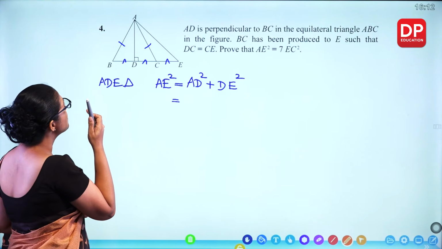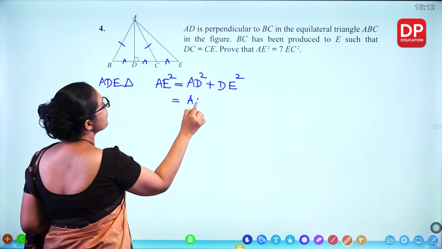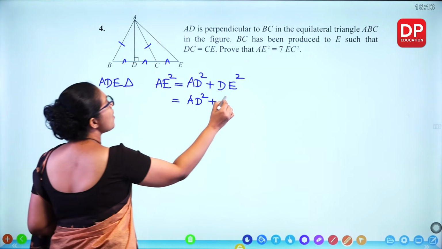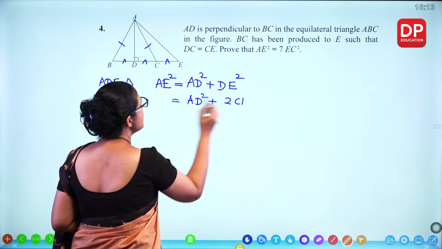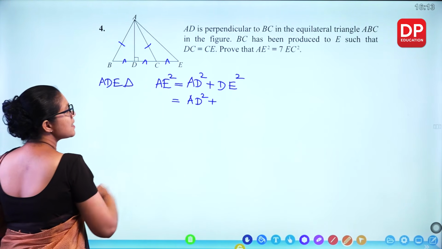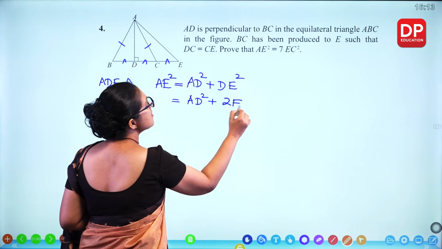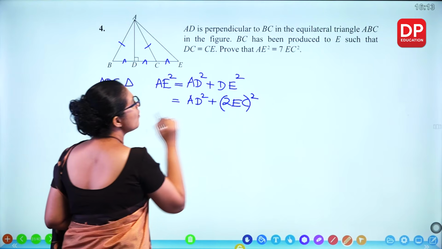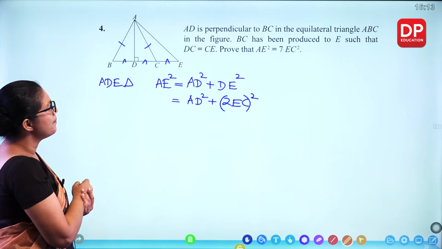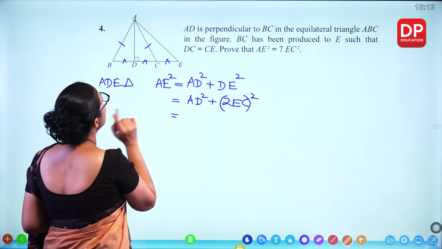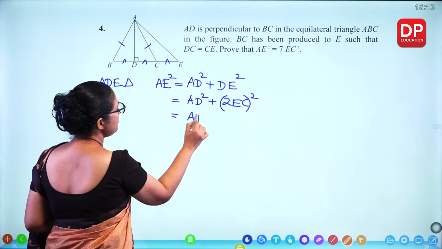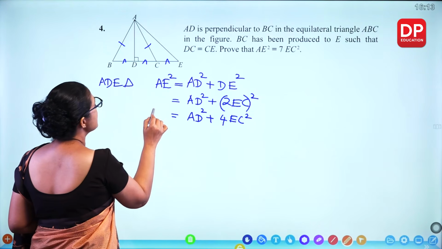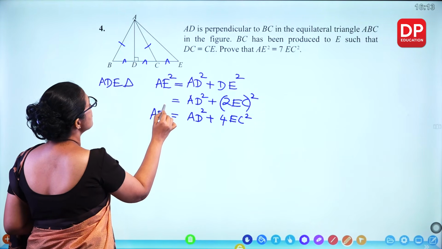Instead of this one, I can write DE is twice of EC. I'll use the same side, otherwise it's complicating. 2EC whole thing squared instead of DE. So what's the value? AD squared plus 4EC squared. That's AE squared.